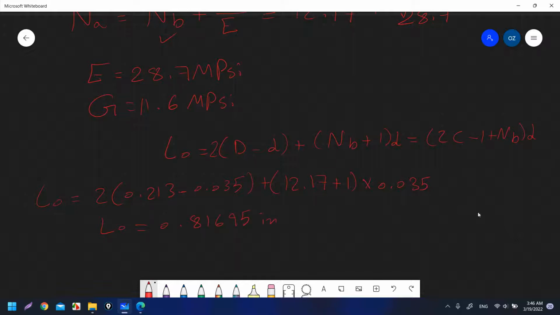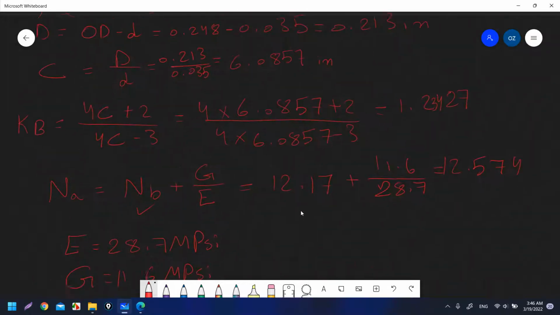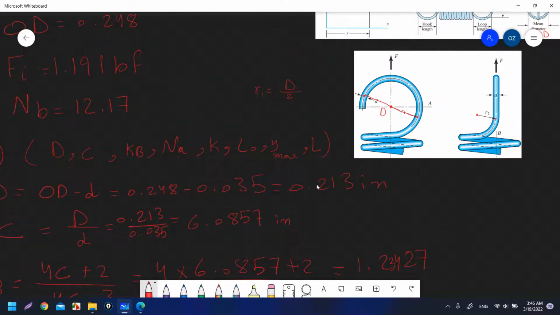And if you use the other equation, L naught is equal to 2 times C, and C is 6.0857 as we calculated for the spring index, minus 1, plus the number of body coils 12.17, times 0.035. So L naught also will give you the same number, 0.81695 inch. Okay, the next parameter is Y max.